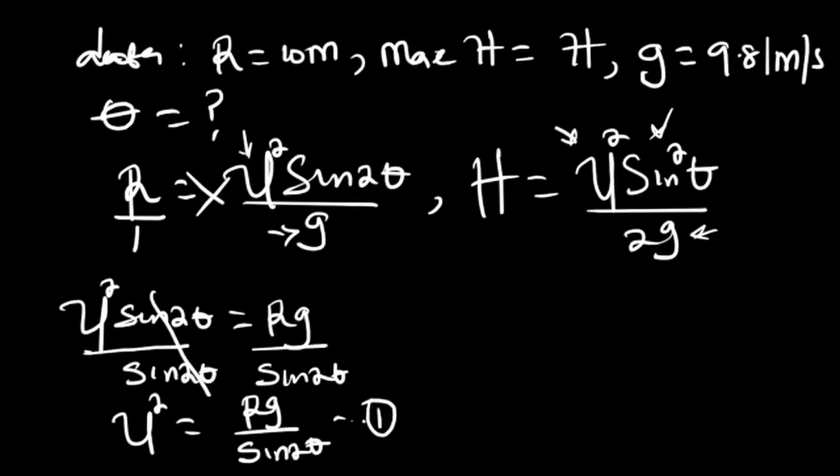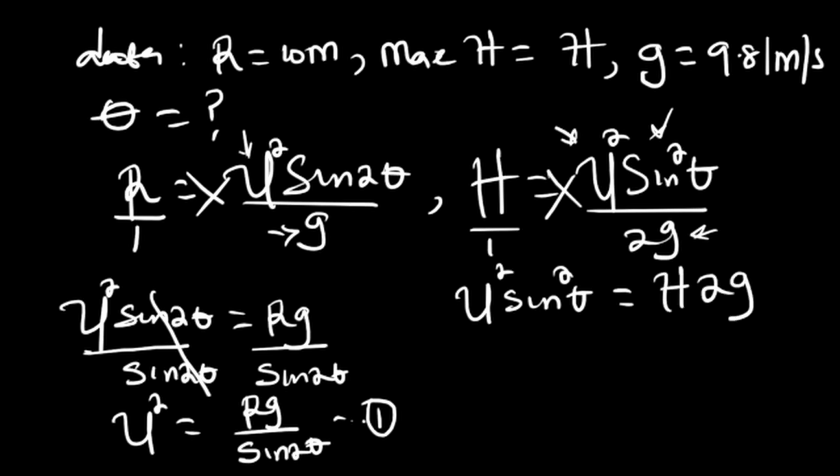Now let's work on the second one. For the second one here, if you cross multiply again, what shall you obtain? We have that this is over 1 as well. Now u squared sine squared theta multiplied by 1 will give us u squared sine squared theta is equal to h2g, right?